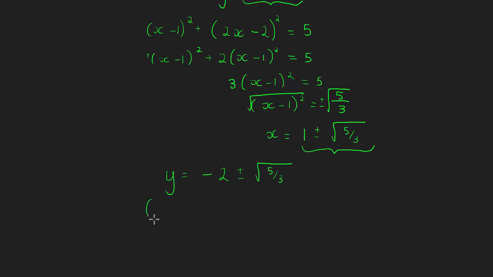So the one solution is 1 plus the square root of 5 over 3, and then the y value is minus 2 plus the square root of 5 over 3, and the other is 1 minus the square root of 5 over 3, comma, minus 2 minus the square root of 5 over 3.